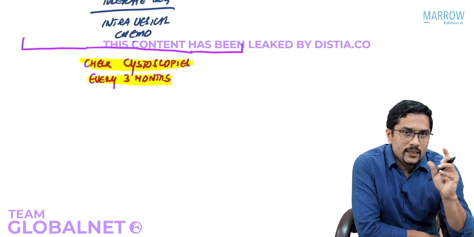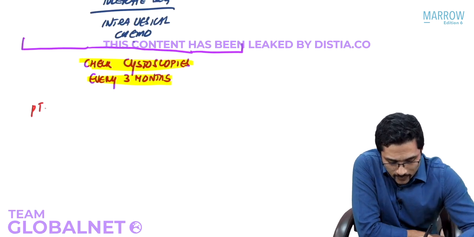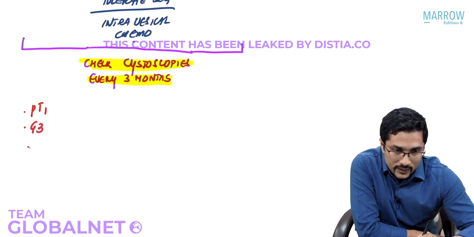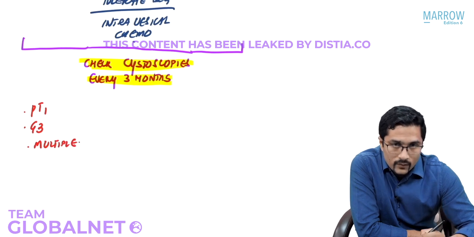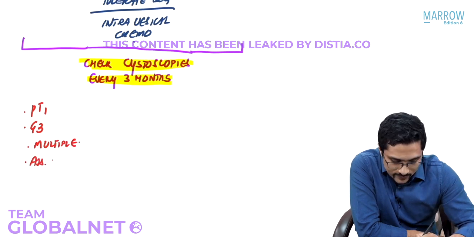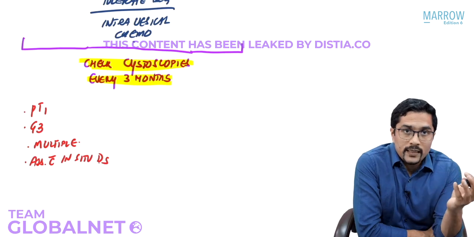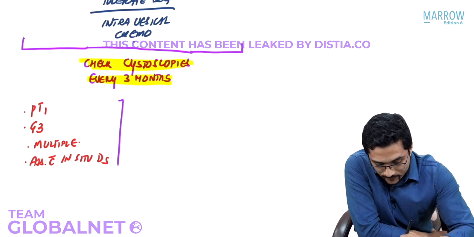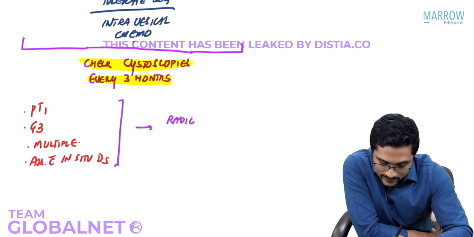Some urologists, there is a specific subgroup of patients which is PT1 disease, which is grade 3 multiple tumors, right, associated with in situ disease. So PT1, which is poorly differentiated multiple tumors associated with in situ disease. Some urologists offer these patients radical cystectomy.